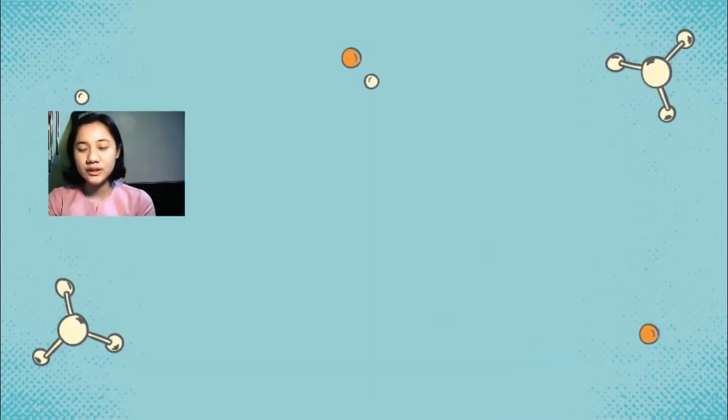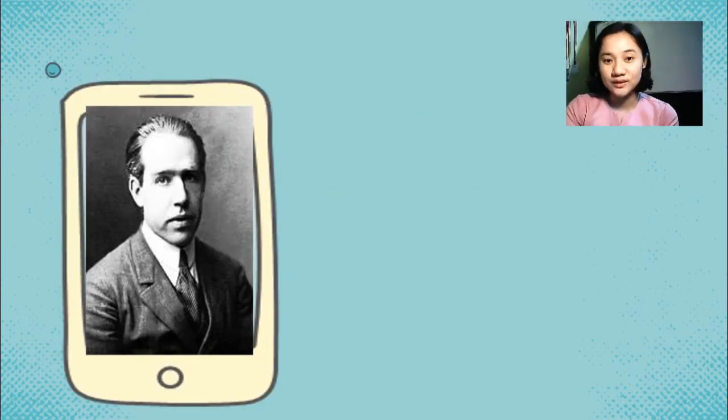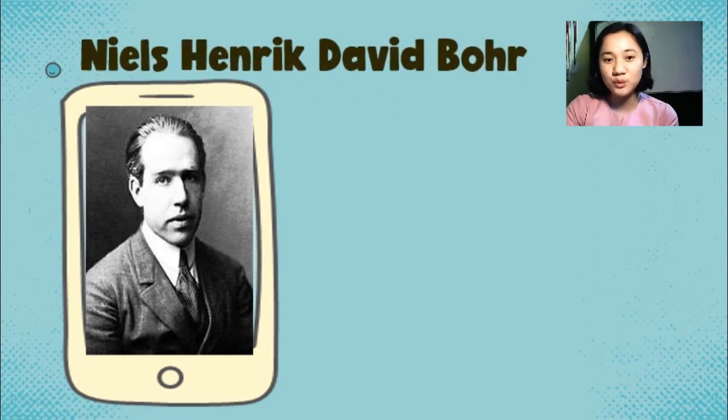Now, after the discovery of the different subatomic particles, scientists were still not done discovering. Their next question was the position of the electrons outside the nucleus. So, here comes the planetary model of the atom. The one who proposed it was Niels Henrik David Bohr, or in short, Niels Bohr.